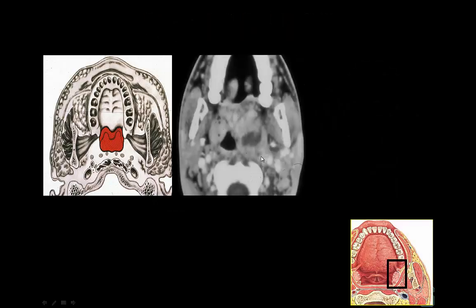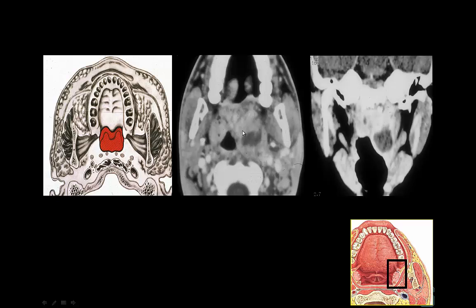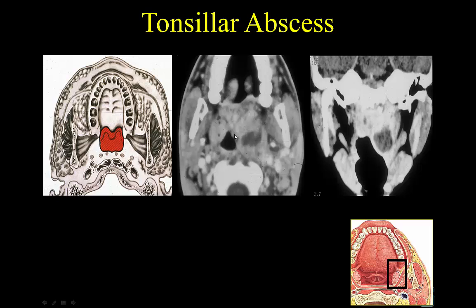Well, here's a tonsillar abscess. And this is a tonsillar abscess, and from an ENT surgical standpoint, this can be referred to as a peritonsillar abscess. Now, the difference is, in fact, we learned this last year at the course, that radiologically we'll call this a tonsillar abscess, but our referring physicians may refer to this as a peritonsillar abscess. When I think of peritonsillar abscess, I always felt it was the peritonsillar region.